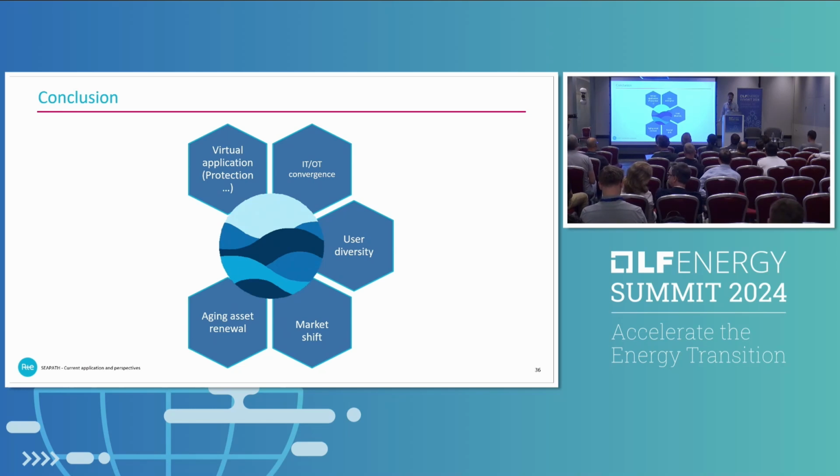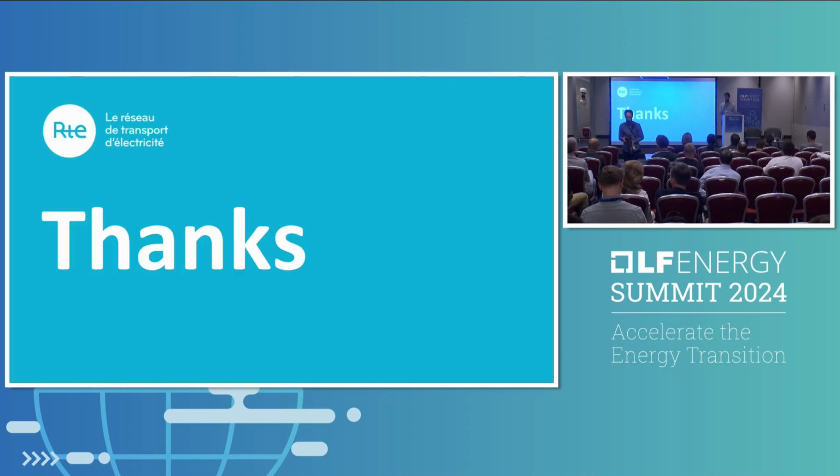We launched the standard, but a whole commercial offer needs to be built. And with Seapath we want to be able to renew our assets. So that's what I wanted to conclude on: Seapath is at the intersection of all of that. Thank you everyone for listening, and we are here for your questions.